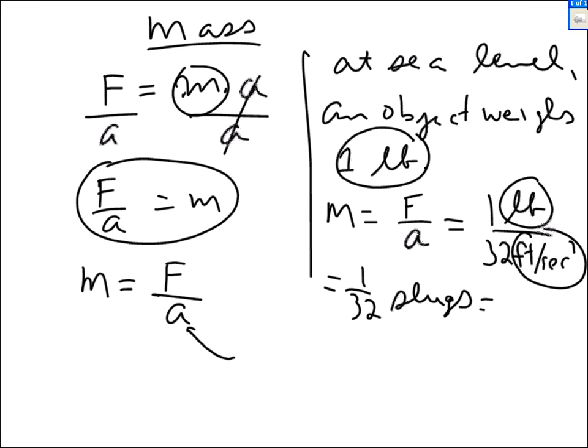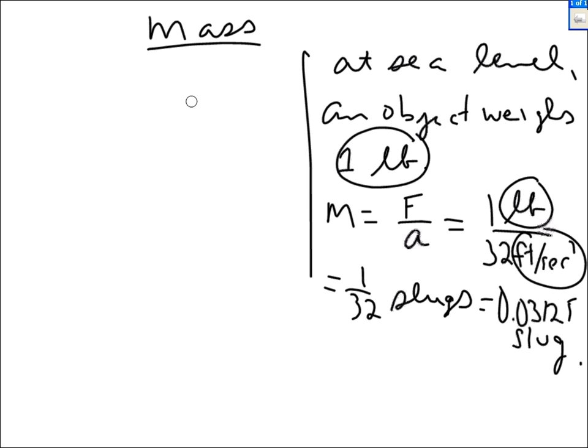And if you do that division, it's 0.03125 slug. That's the mass of the 1 pound object. So it's just F over A. You want the mass, it's F over A.